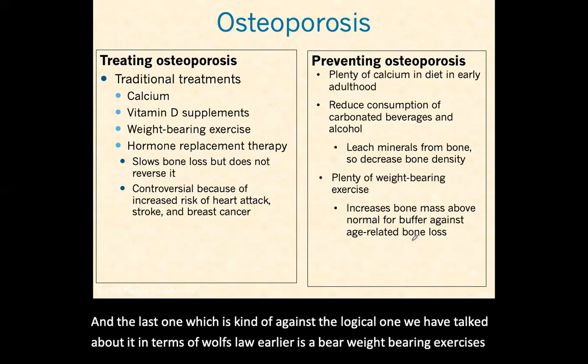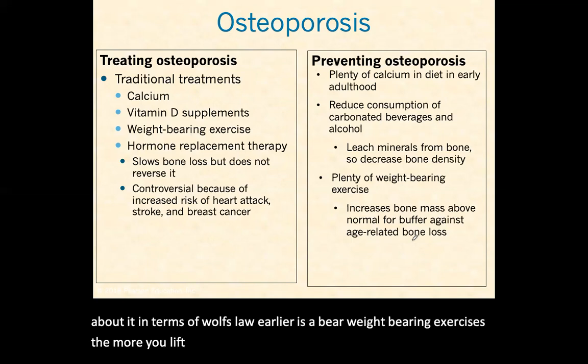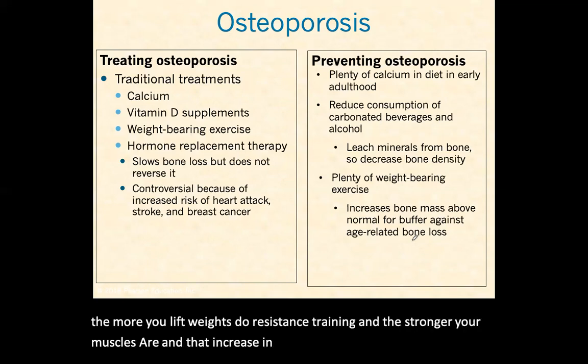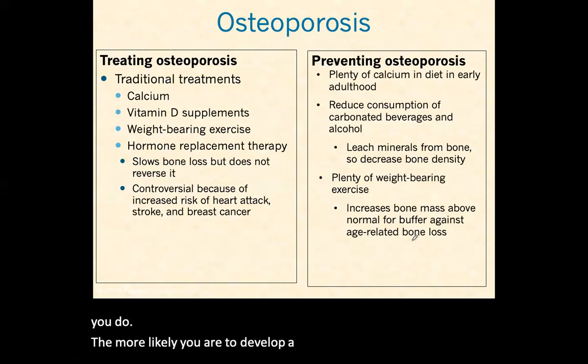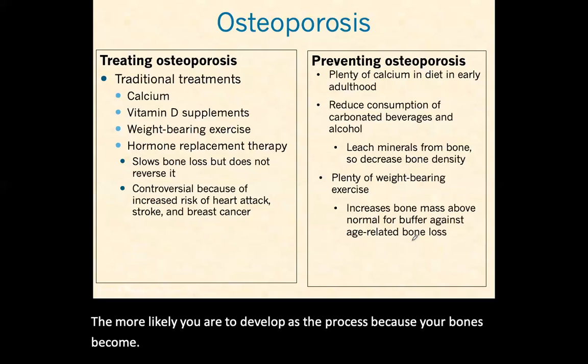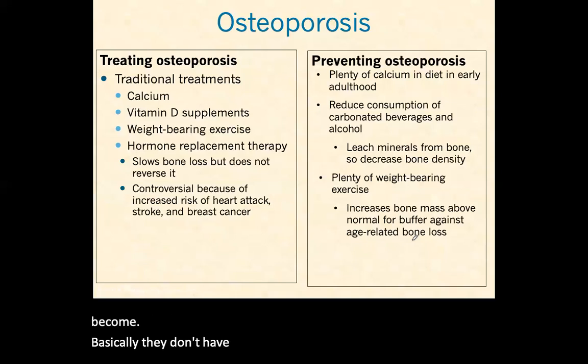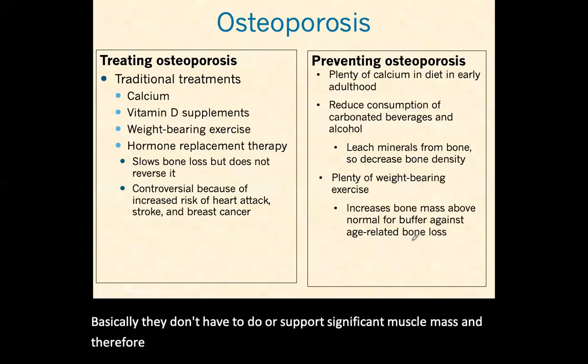The more you lift weight and do resistance training, the stronger your muscles are, and that increase in muscle mass forces your body to remodel the bone to deal with the extra weight. The less exercise you do, the more likely you are to develop osteoporosis, because your bones don't have to support significant muscle mass, and therefore decline in their strength.